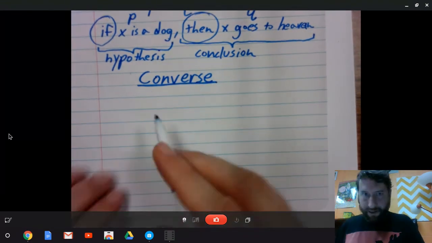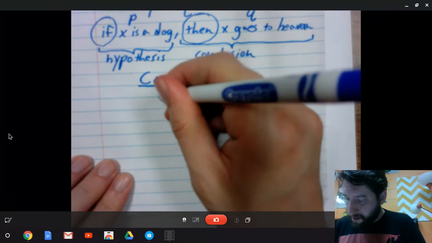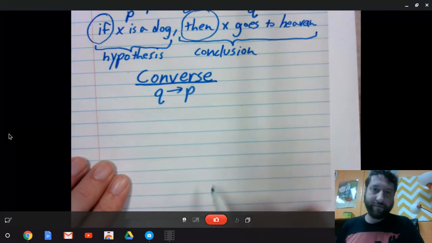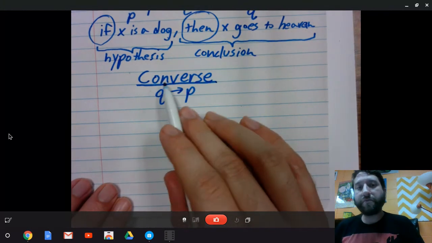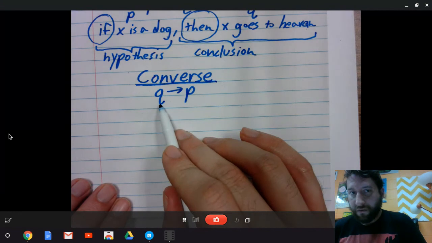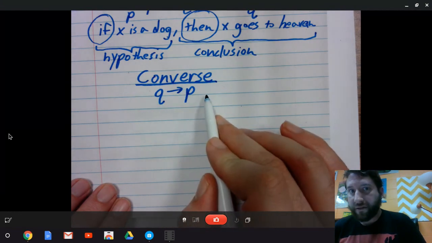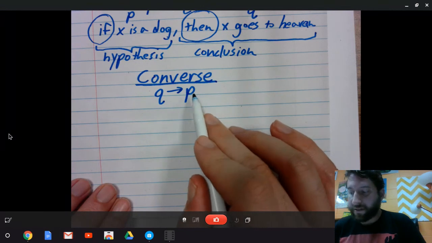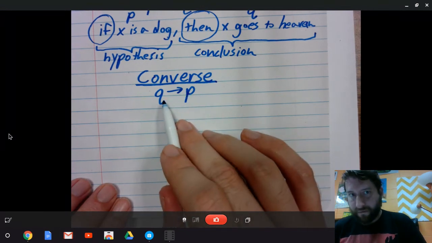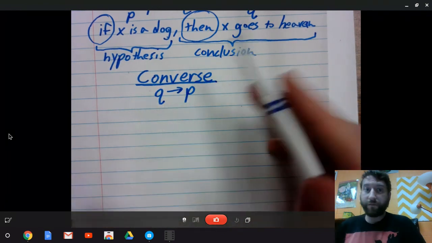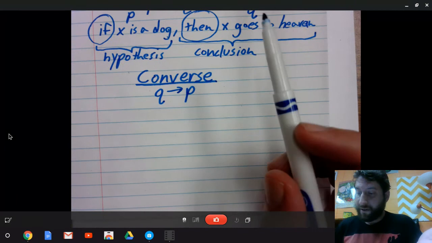The converse says Q implies P. So if Q is true, then P is true. If the conclusion is true, then the hypothesis is true. Because remember, on this one, we're saying that P is the hypothesis, Q is the conclusion. So Q implies P. That's the converse. So let's see if we can actually rewrite this.